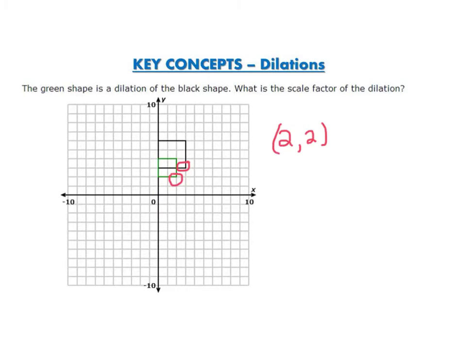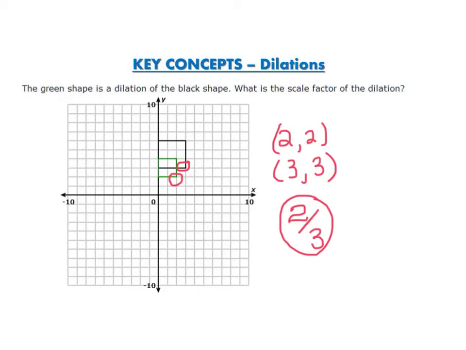And on the black bottom one, it is 3, 3. And so going from using the smaller number, it is 2/3. So my scale factor is 2/3.